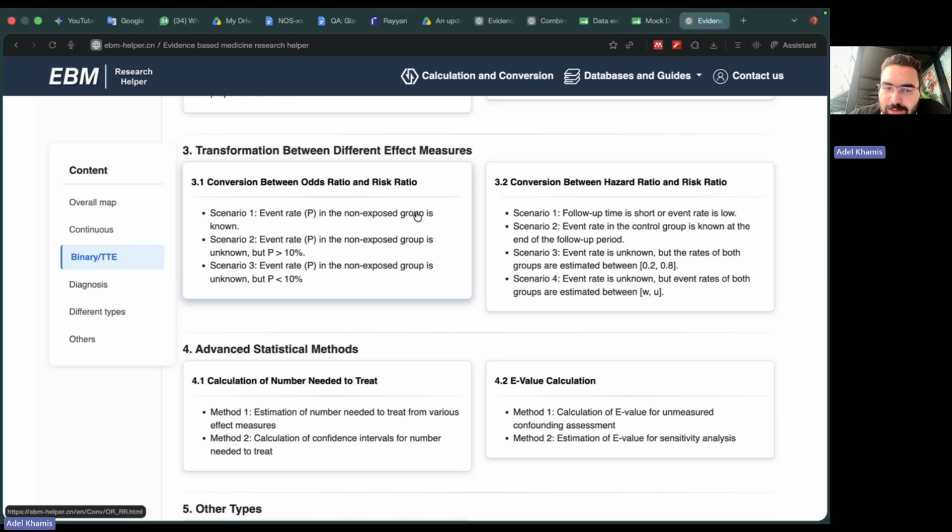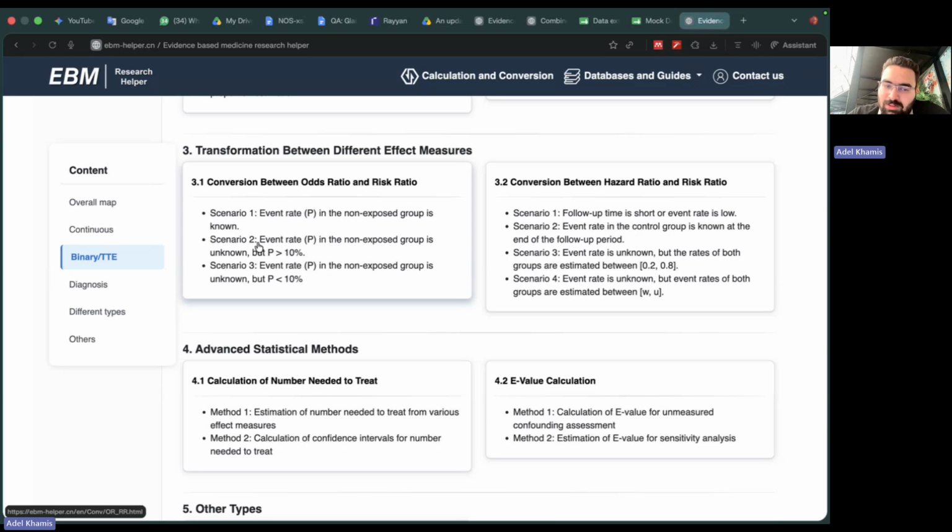Let's say here in my example it is delirium. So if the event rate of delirium in the non-exposed or control group is known, I choose scenario 1, and if I do not know it, but I can estimate that the event rate is more than 10% of the sample size.